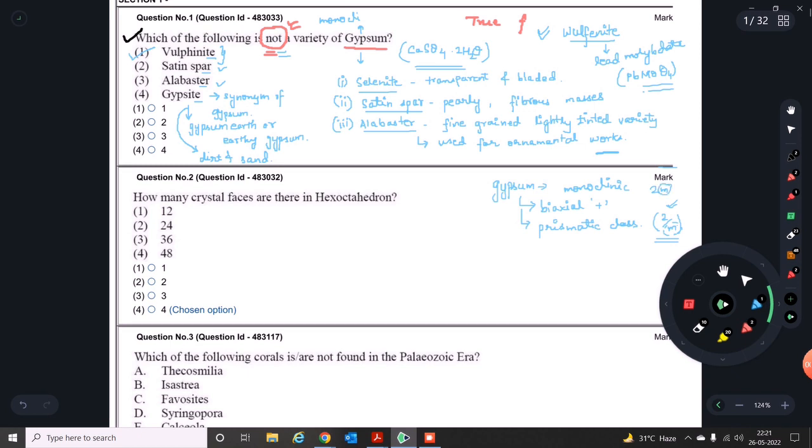If it is written as 2m, that means the mirror plane is parallel to the two-fold axis. But here it is 2/m, so the mirror plane is perpendicular to the two-fold axis. So this is the Hermann-Mauguin symbol for gypsum. Okay. So these were some of the properties of gypsum. We'll erase this part here so that we can use it for next. Alright.